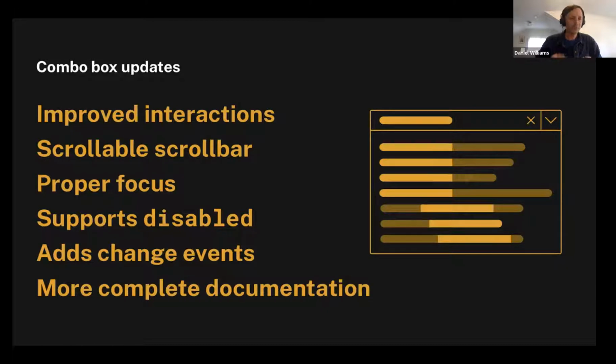There's always a little bit of ambiguity perhaps around what element is receiving focus as you're moving through the elements in the combo box list. I think we're doing a much better way of communicating what has focus and what's selected in this new version of the combo box. And we also fixed a bug that prevented the disabled state of the combo box from working properly. Now it does work properly.